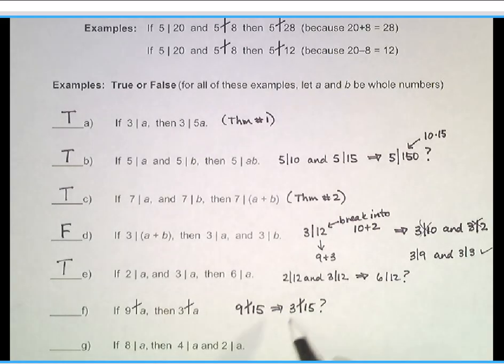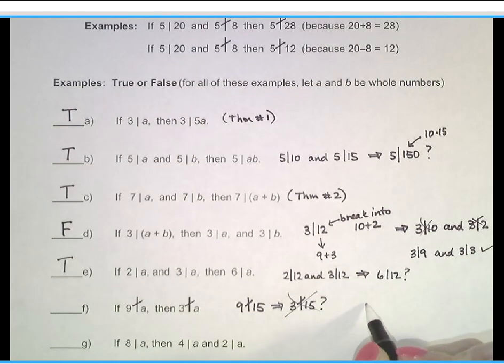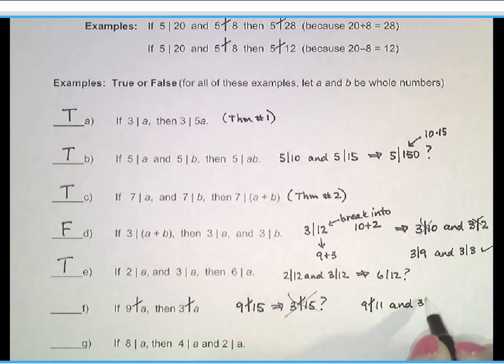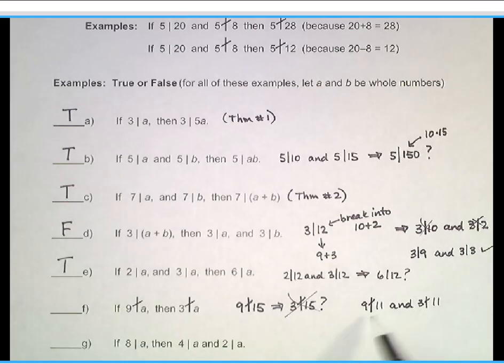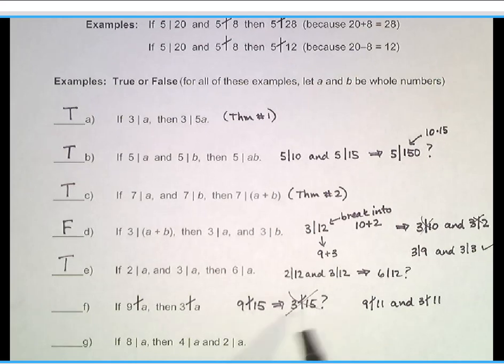Well, wait a second, 3 does divide 15, so that can't be true. So just because 9 doesn't divide into it doesn't necessarily mean that 3 won't divide into it. If you did 9 does not divide 11, also 3 does not divide 11, so that would be true. But that's just one statement. You've got to try a bunch of numbers. And I found one right here that 9 does not divide, but 3 actually does.